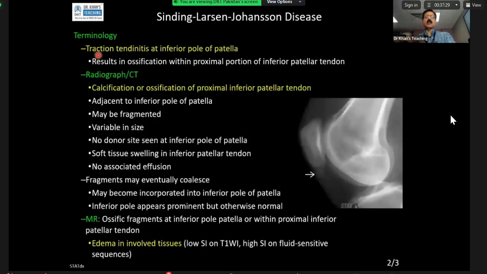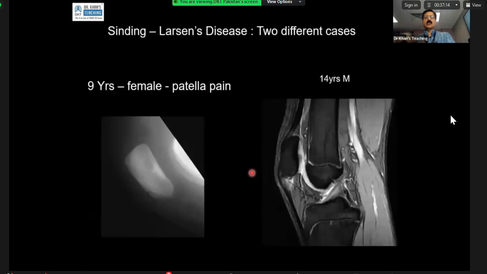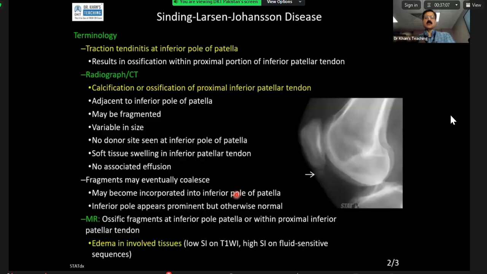So what is this? This is traction tendinitis at the inferior pole of the patella. And on X-ray or a CT, there can be calcification or ossification of proximal inferior patellar tendon. Actually, this thing is the patellar tendon which is ossified, which gives you this appearance.